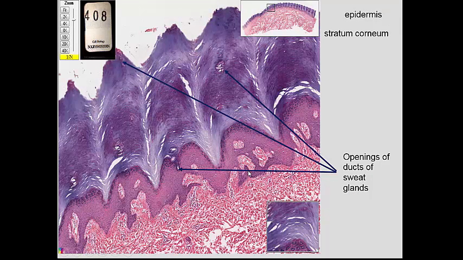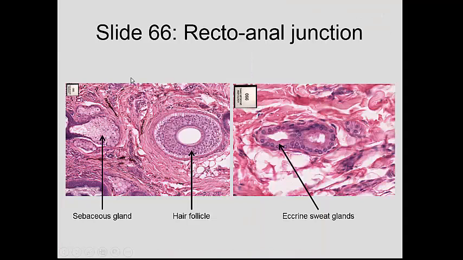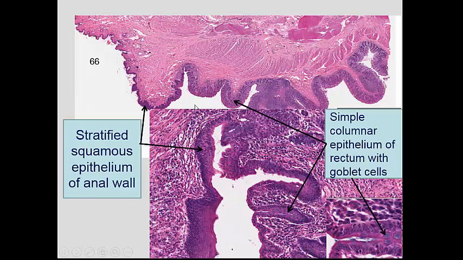And when it comes through thick skin, you can see where the opening of the duct has to go all the way up to the top, because remember, it's actually discharged on the surface. You can see the sweat gland duct going up through there. Now at the recto-anal junction, you may have hair follicles, sebaceous glands, eccrine sweat glands, but here you can see that junction.